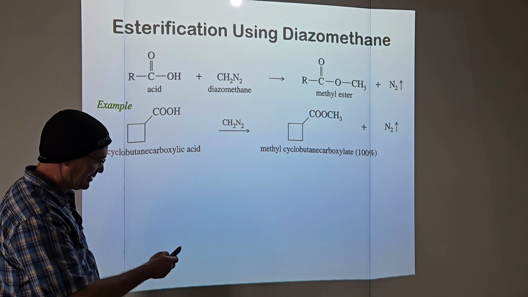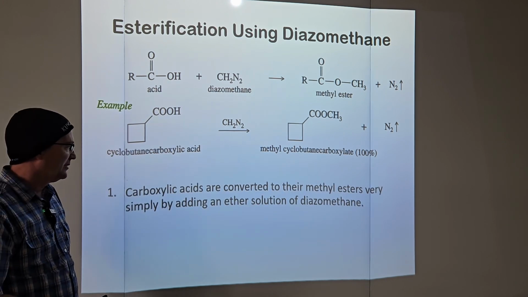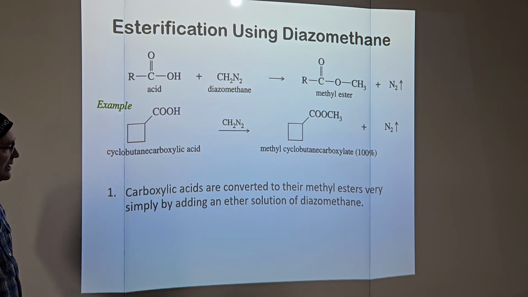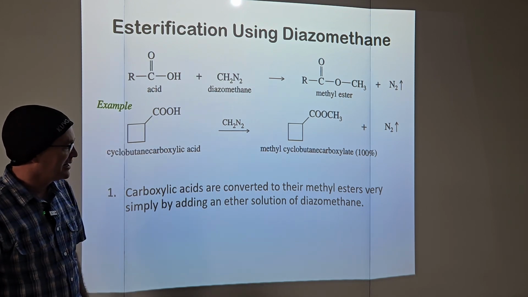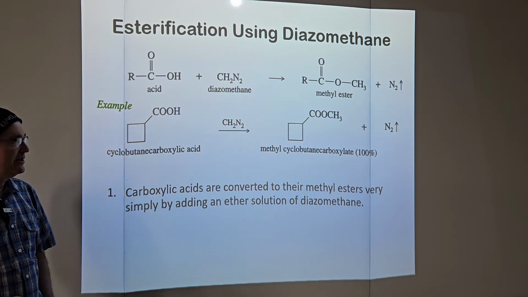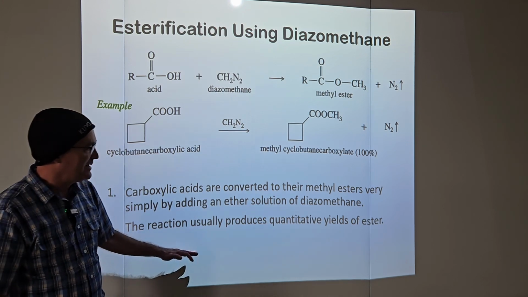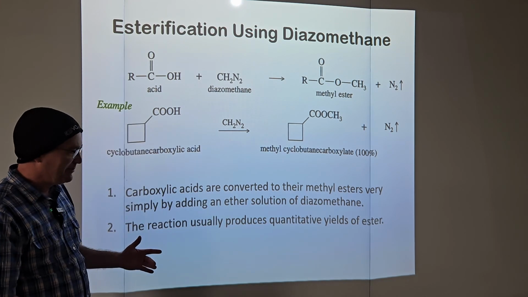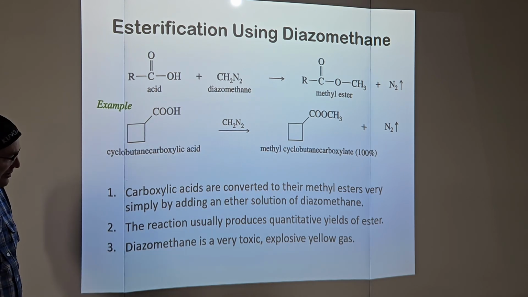This thing would be a hard thing to make. I think this thing would be kind of reactive. Converted to their methyl esters very simply by adding an ether solution of diazomethane. Of course, the diazomethane is the tricky thing to work with. The reaction usually produces quantitative yields, 99.9% yield. Very toxic, very explosive, yellow gas.